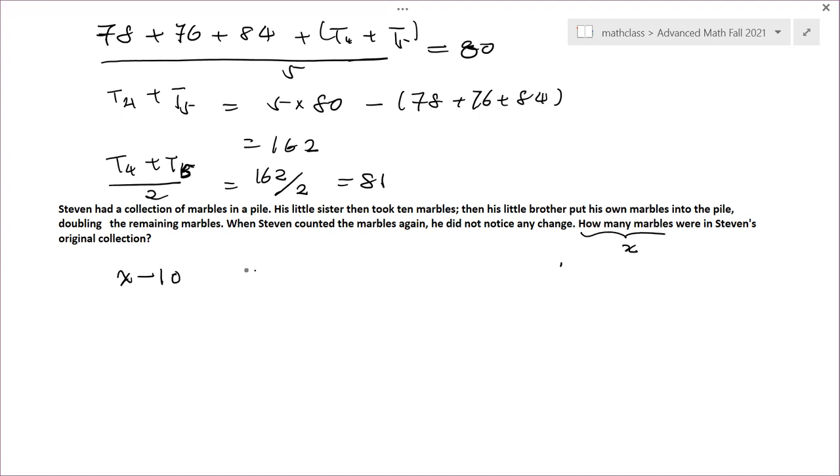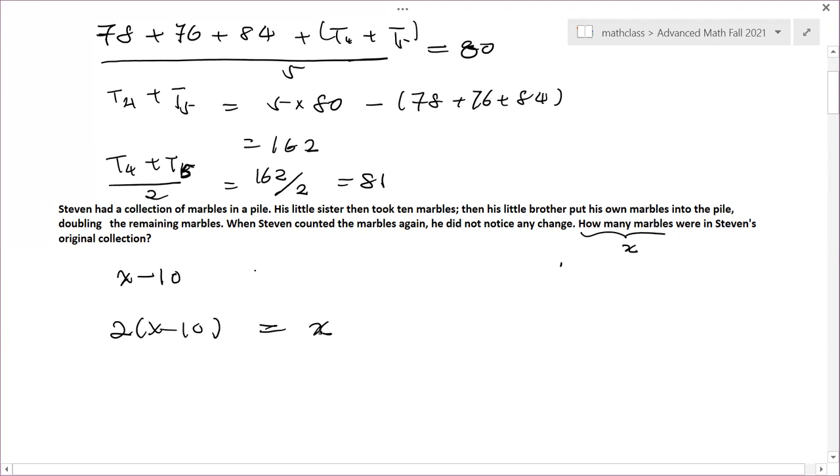Now, his brother is going to put his own marbles into the pile, doubling that. When you double it, that's the total number of marbles now in the pile. And we were told that this should be equal to the original amount of marbles.